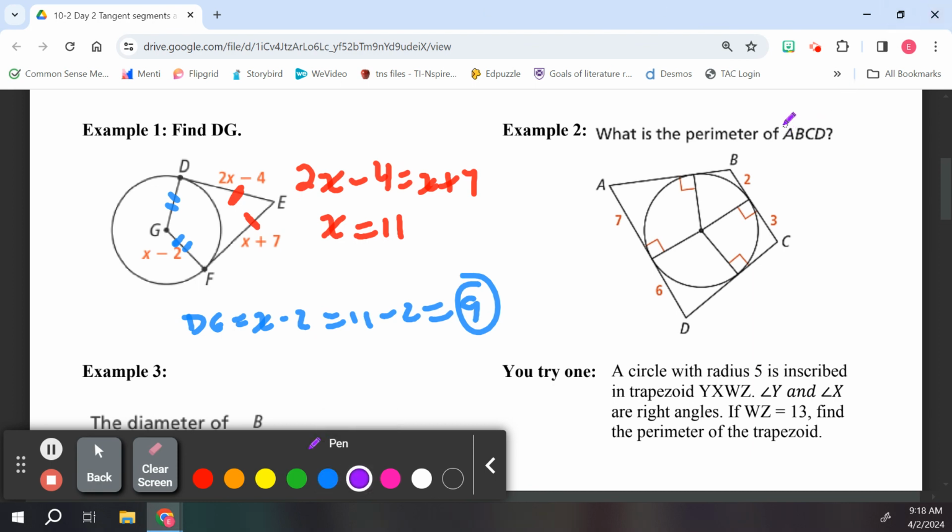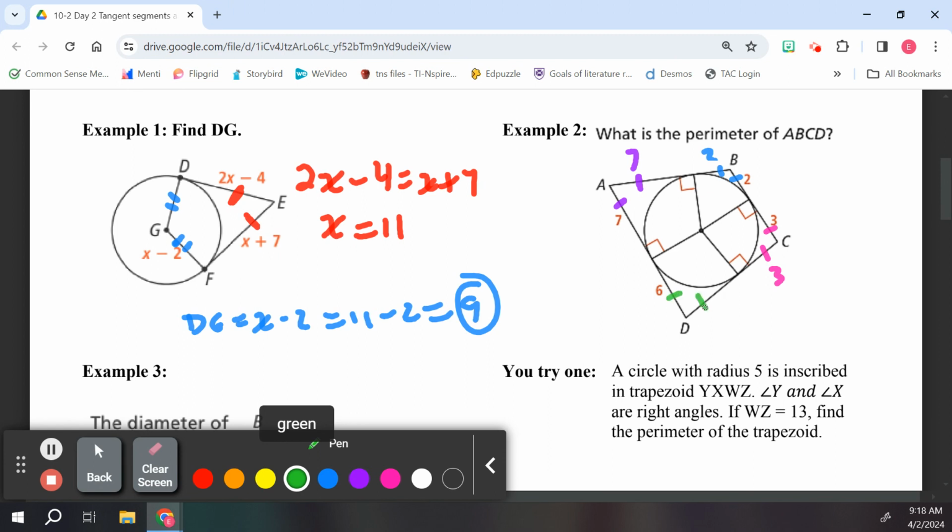What is the perimeter of ABCD? So again, applying this rule means that we have 90-degree angles here with the radii. That means we have tangent lines. So this is congruent to this, making this 7. This is congruent to this, making this 2. This is congruent to this, making this 3.